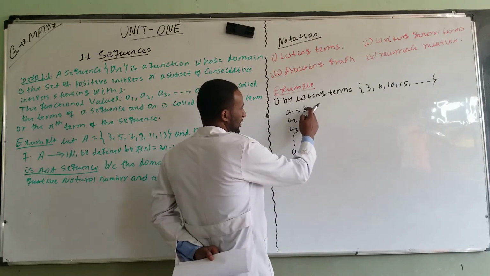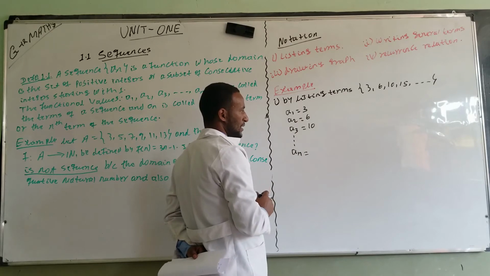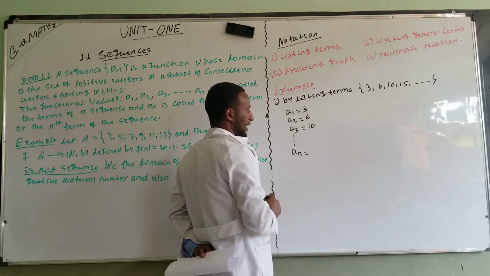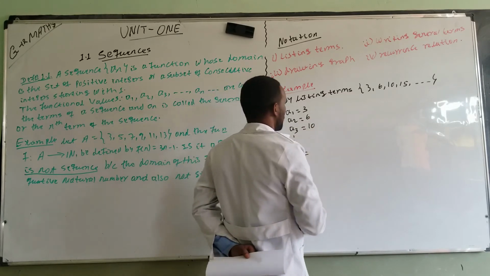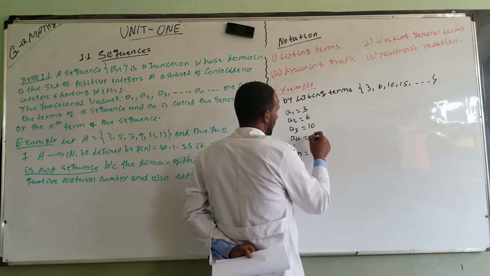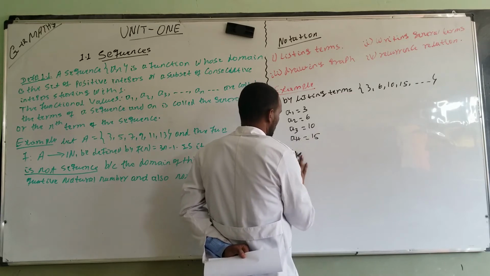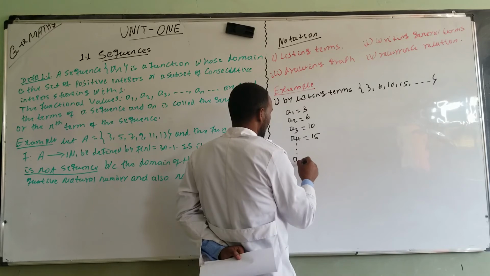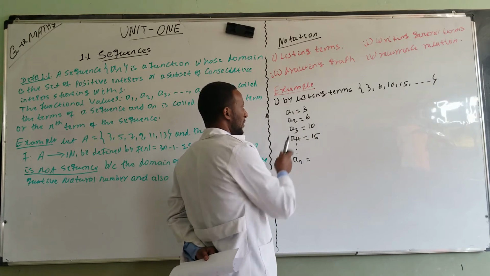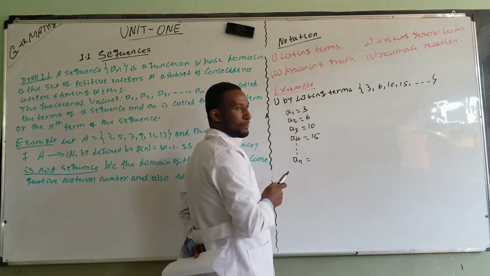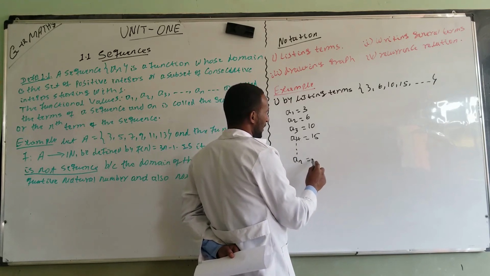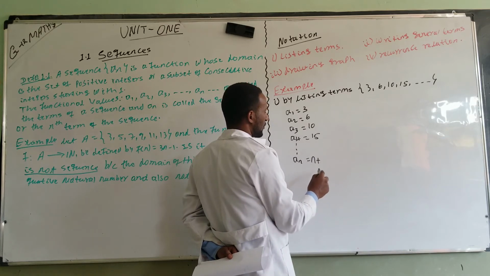Let us see the difference between the terms. The difference between the first term and the second term is 3. The second term and the next term differ by 4. When we see the fourth term, A4 is equal to 50. When we consider this pattern, A_n is equal to, let us say, n plus 2.